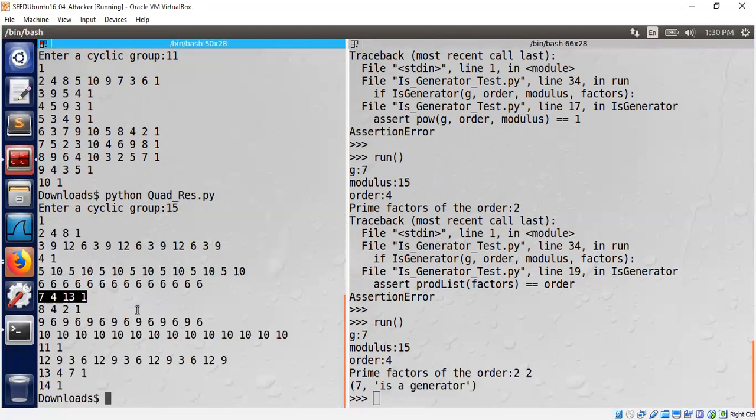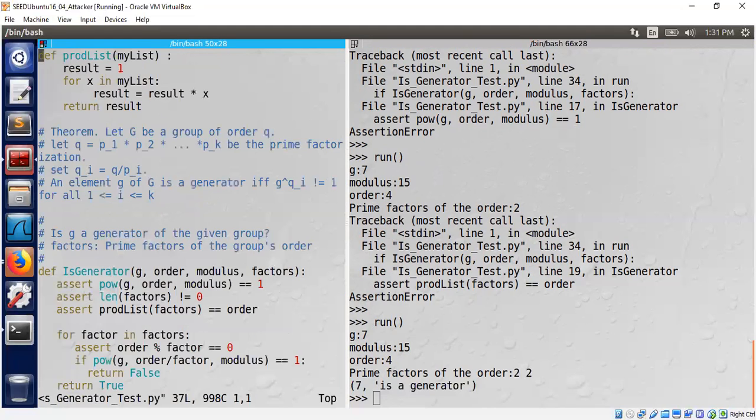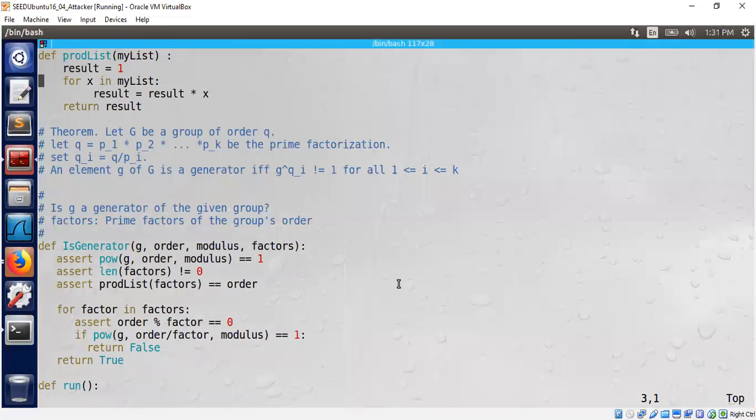Okay. If you know how to compute the Euler totient function for 15, you would quickly say the group order is 8. So we must have subgroups of order 2 and order 4. So that's clear. And if we now go back to this theorem that I talked about earlier, the generator testing theorem, what is interesting is that this theorem is coming more or less straight from Lagrange's theorem that we talked about.